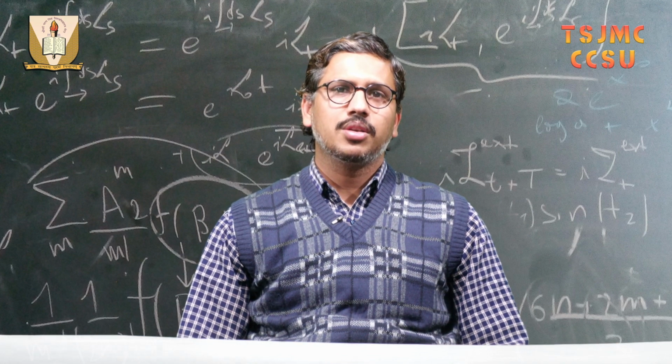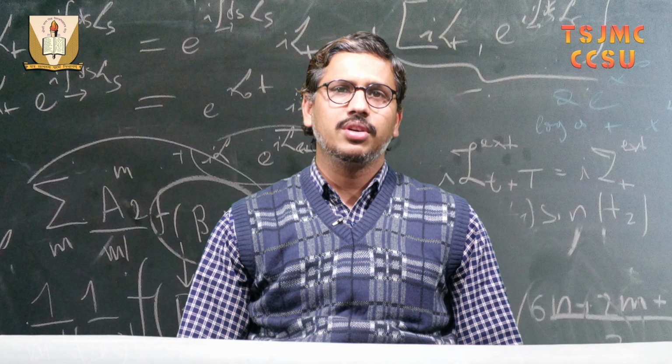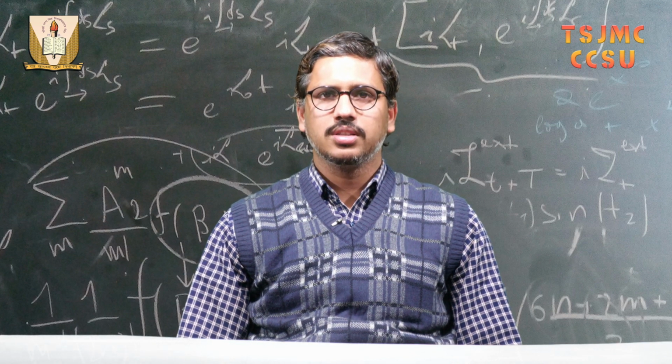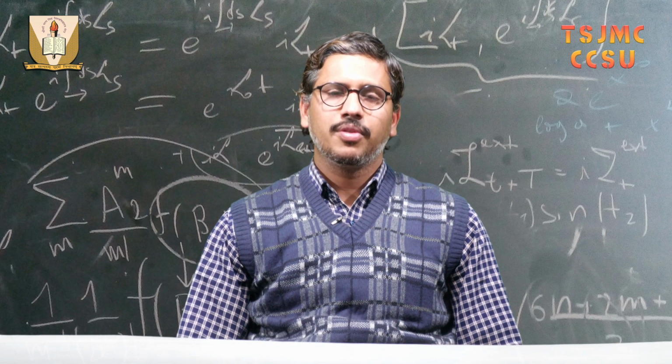Maxwell's contribution to the scientific community is that he merged two forces, the electric force and the magnetic force. Before that, everybody knew that the universe contains five fundamental forces: the gravitational force, the weak force, the strong force, the electric force and the magnetic force.